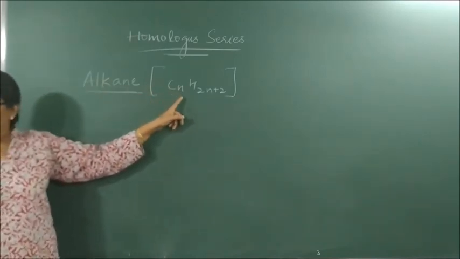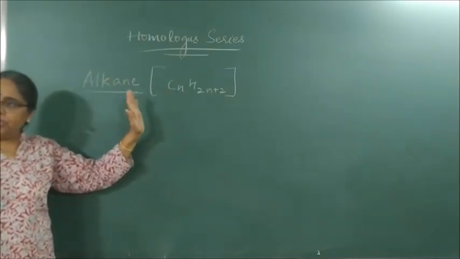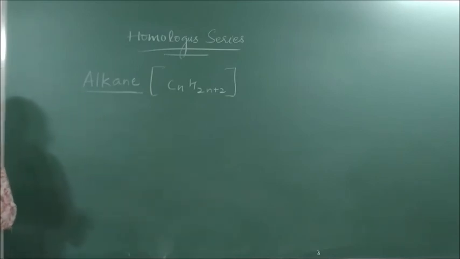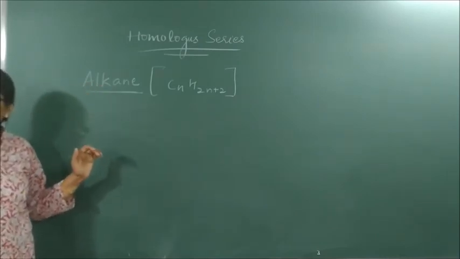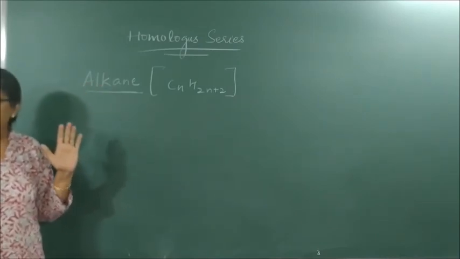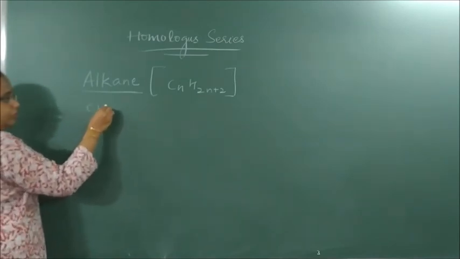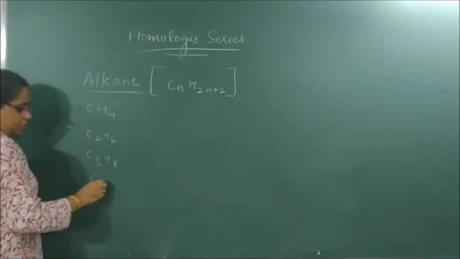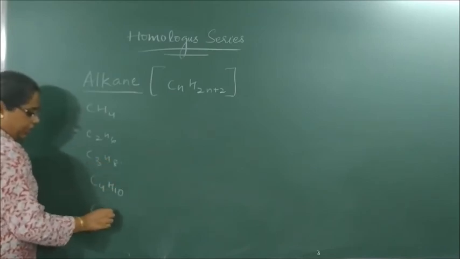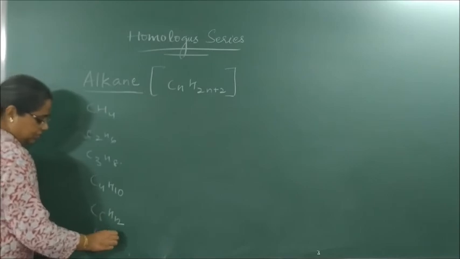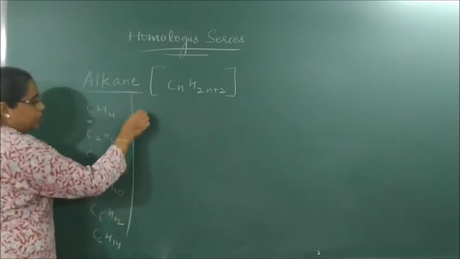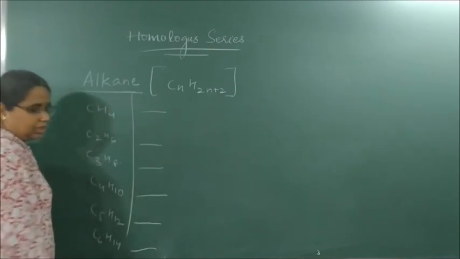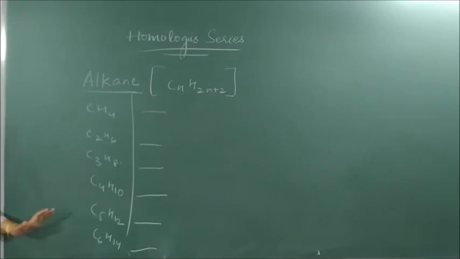They have a general formula, can be prepared by similar methods, all alkanes have similarity in their properties, and there is a difference of CH2 between each. So how will you write? CH4, C2H6, C3H8, C4H10, C5H12, C6H14. Methane, ethane, propane, butane, pentane, hexane. This is the homologous series of alkane.